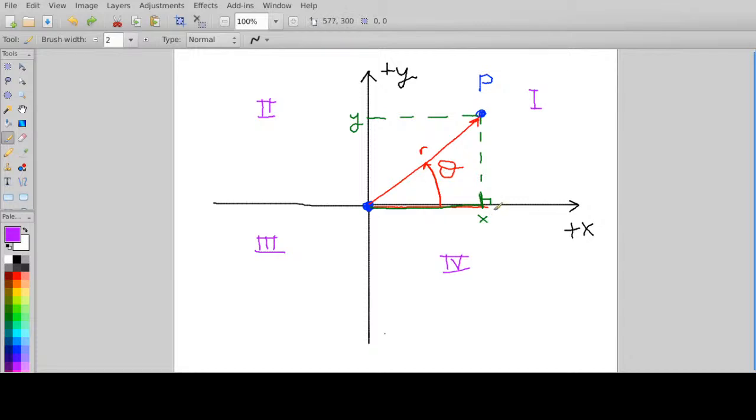Okay, if I give you Cartesian, you can still determine the quadrant, because in quadrant 1, both x and y are positive. In quadrant 2, x is negative and y is positive. In quadrant 3, they're both negative. And in quadrant 4, x is positive and y is negative. Okay, so that's what's going on with the quadrants if you're working in Cartesian.